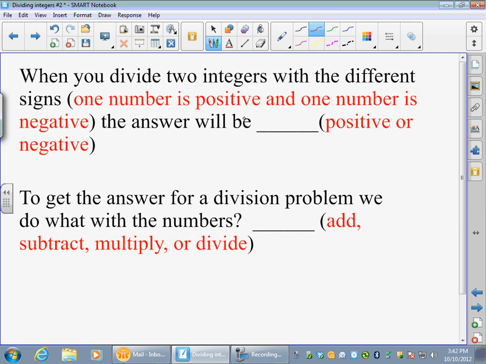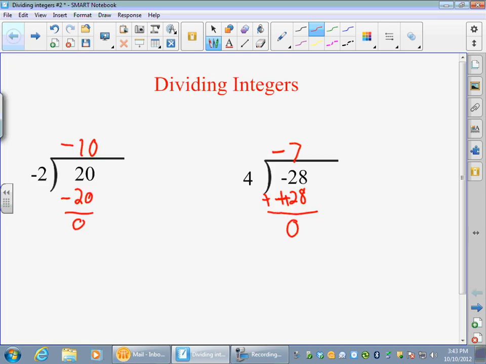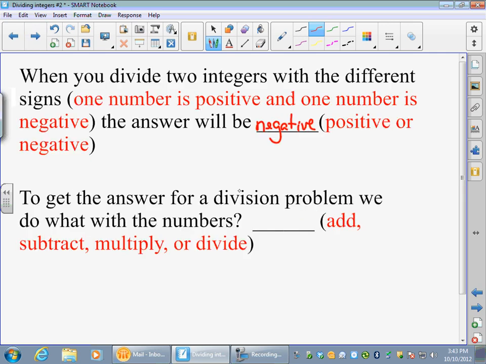So again, just like with multiplying, if I divide and they have different signs, one number is positive and one number is negative, the answer will be negative. Of course, what did I do to get the answer? We just divided. 2 goes into 20 10 times, 4 goes into 28 7 times. You're just dividing. Of course, it's a division problem. Why wouldn't you divide? Okay? That's it. It's that simple.